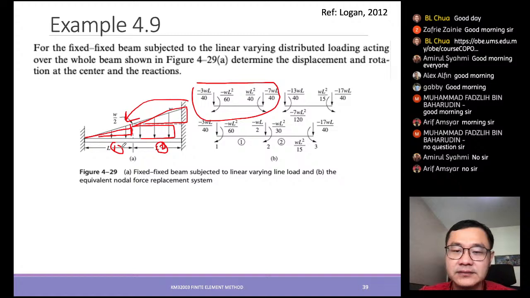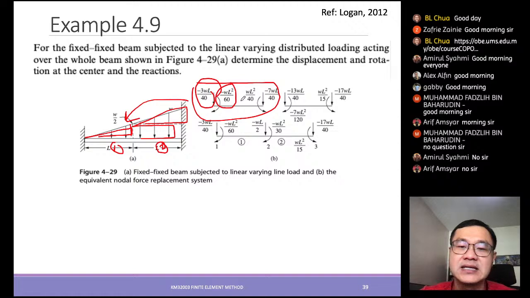That triangle itself is given by minus 3 WL over 40, and then the load acting, sorry, the load itself is W minus 3 WL over 40, and the moment itself is minus WL squared divided by 60.